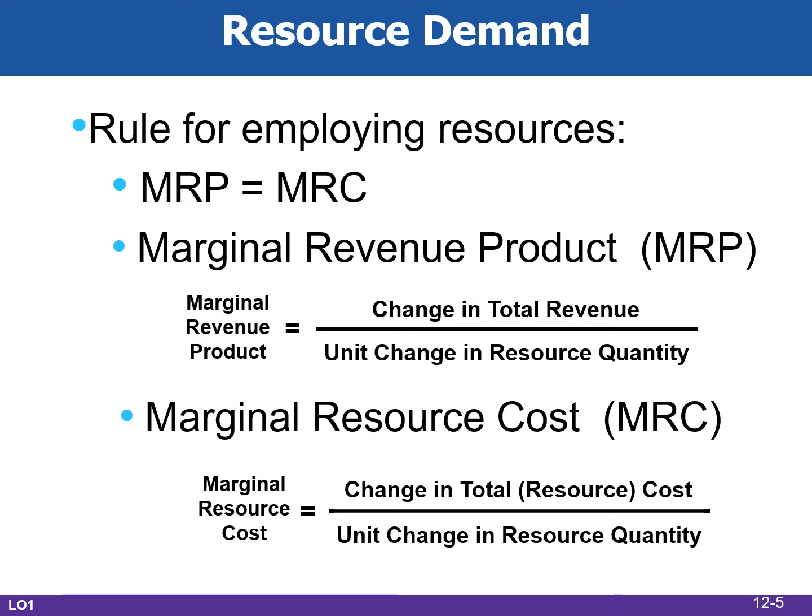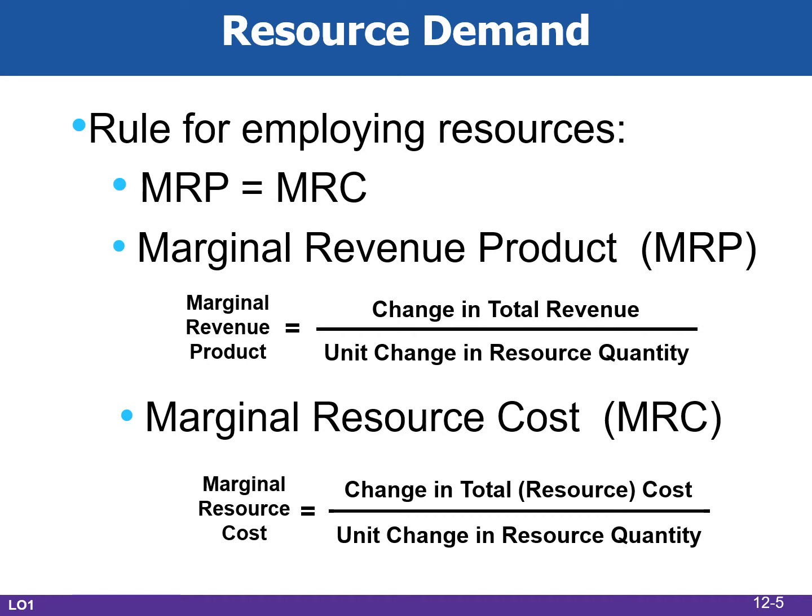Marginal revenue product. Take a look at the mathematical calculation for marginal revenue product. Change in total revenue over unit change in resource quantity. In this case, and remember, we're examining the labor resource, we're always going to be asking how much will the next worker increase total revenue.